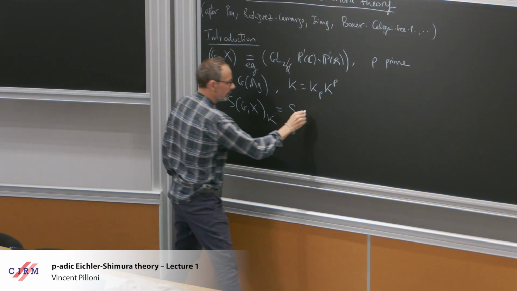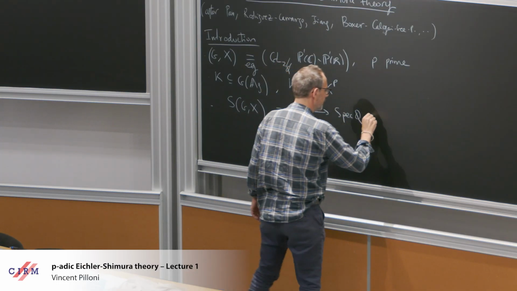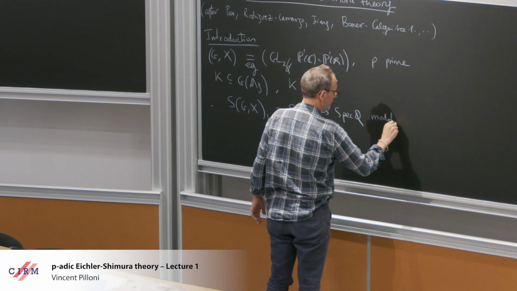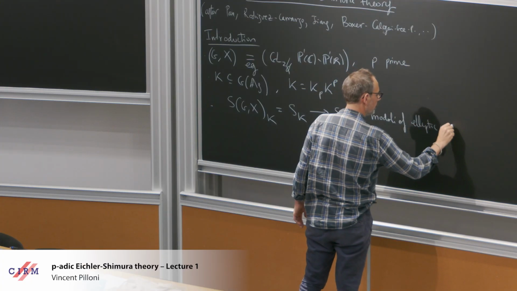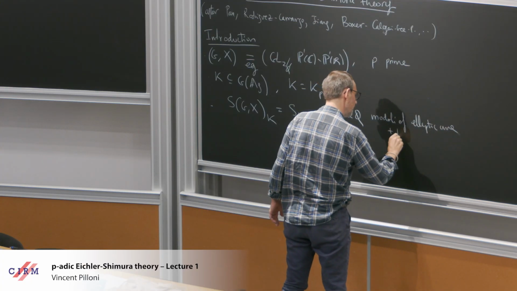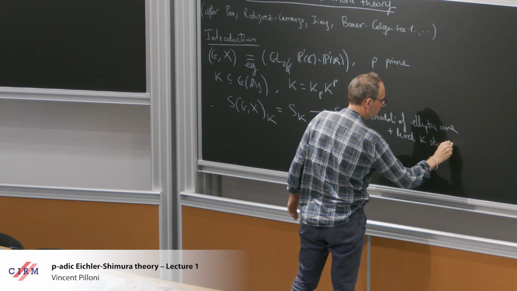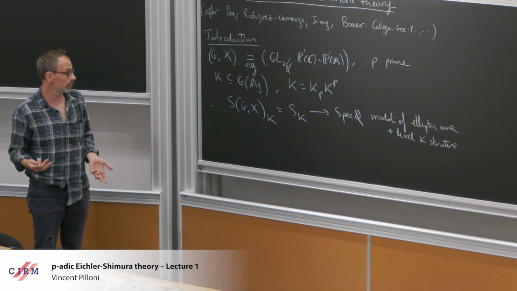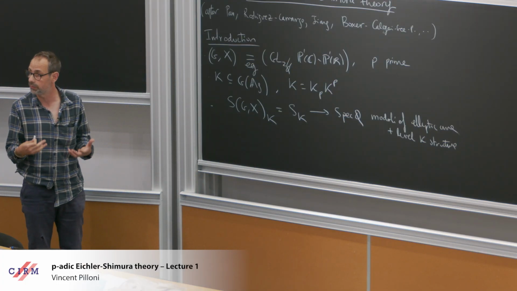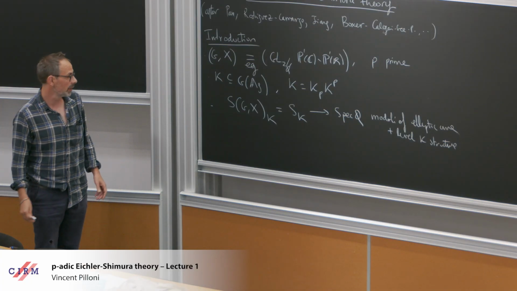This is a curve over Spec Q, and that's the moduli of elliptic curves plus level K structure. For example, if K is the principal level N subgroup, then this is just the moduli space of elliptic curves with a basis of the N-torsion.